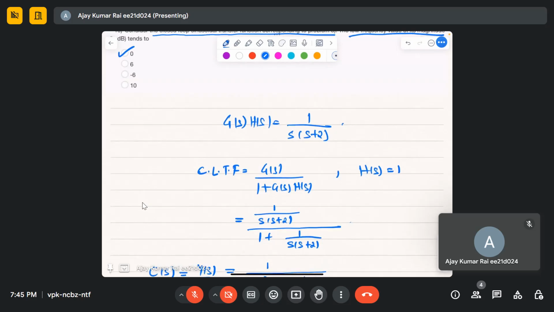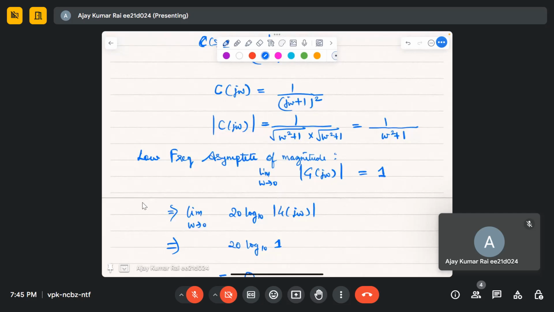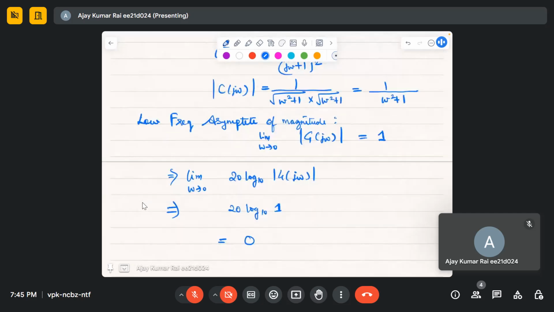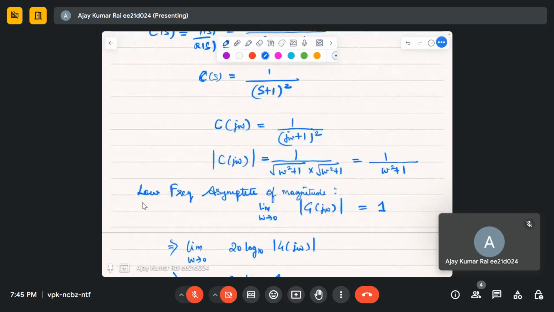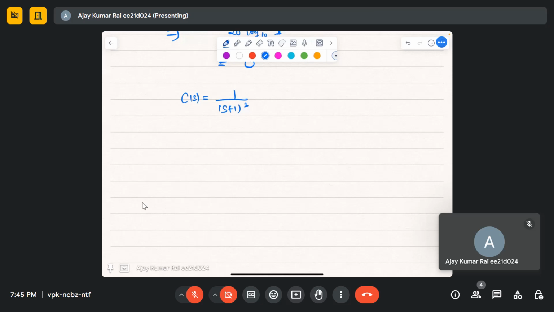Because if you try to plot the Bode plot for this function, because this is the closed loop transfer function, this is the magnitude plot I'm drawing. This is 1, this is omega.